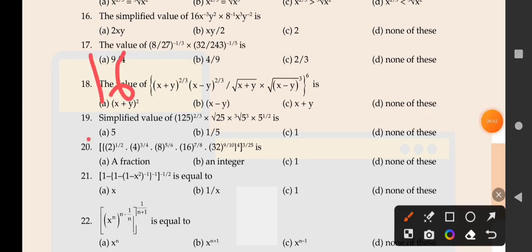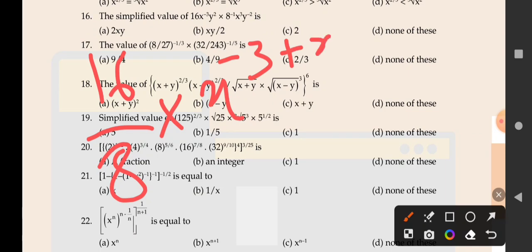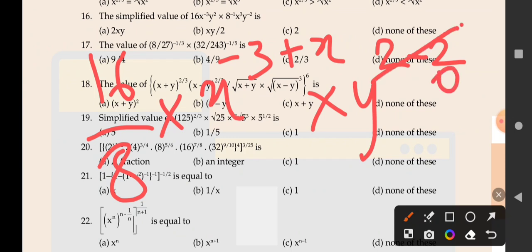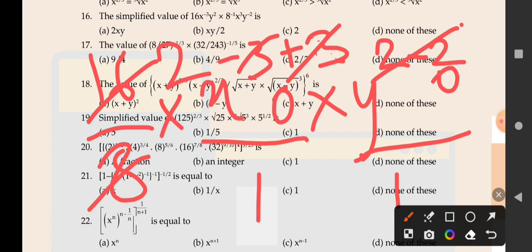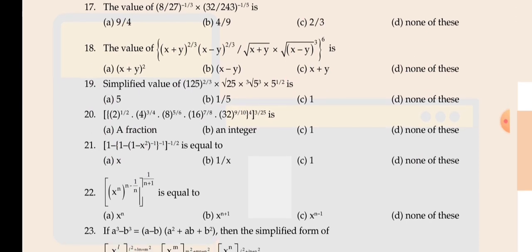So it is 16 divided by 8 into x power minus 3 plus 3 into y raised to 2 minus 2. So this is 0, which is equal to 1. And this is plus 3 and minus 3, again 0, which is equal to 1. And this is 2. So only option number C.